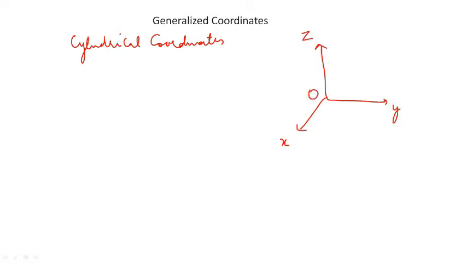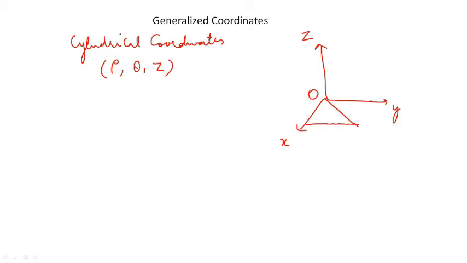It is the origin of three-dimensional space. You know what the cylindrical coordinates are. We define the cylindrical coordinates like rho, theta and z. Suppose what is your rho? Rho is a distance in the xy plane.